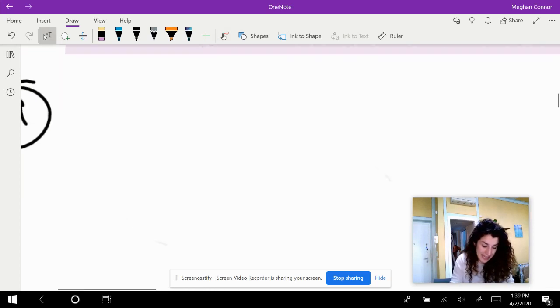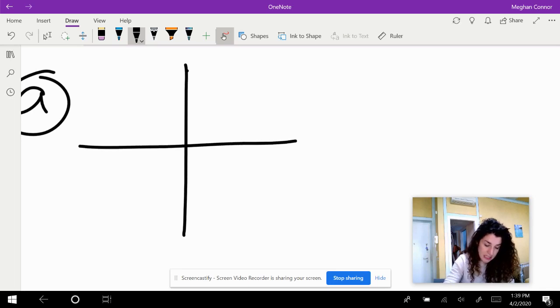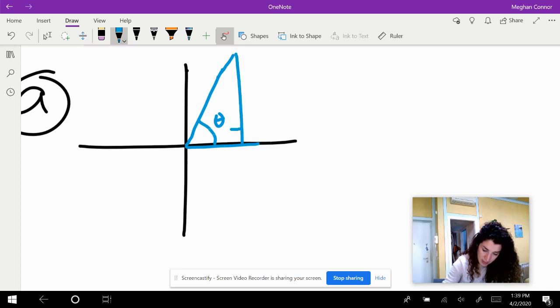So I'm going to do the exact same thing we were doing up above, just now with no numbers. And it said that theta had to be between 0 and 90. So I might make an angle where this is theta. I might build my right triangle off of that.